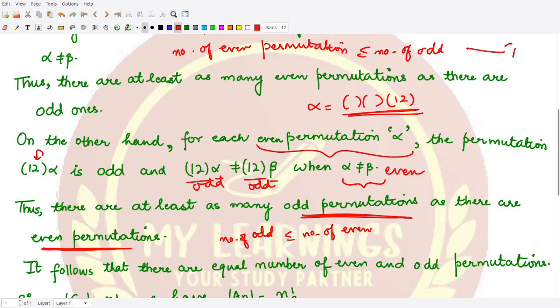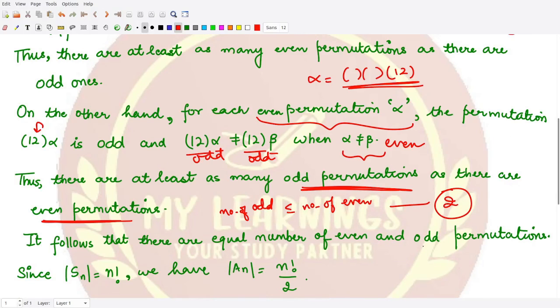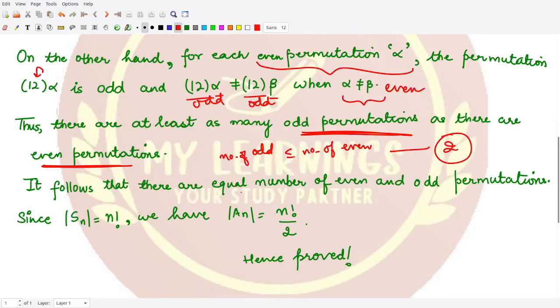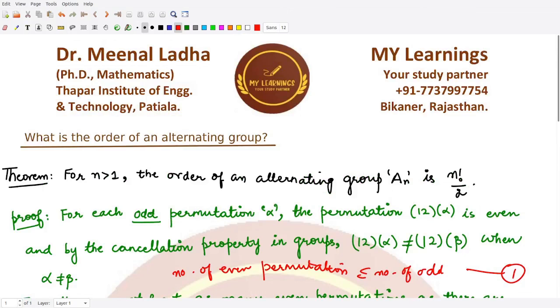So combining this result and that result, we have the number of even permutations and odd permutations as equal. Because we know the alternating group consists of all the even permutations, they would exactly form half of the total permutations which are members of Sn. And we know the order of Sn is n factorial, so the order of An is n factorial by 2. And this is what we wanted to prove in this result.